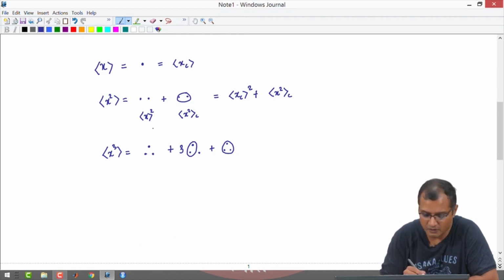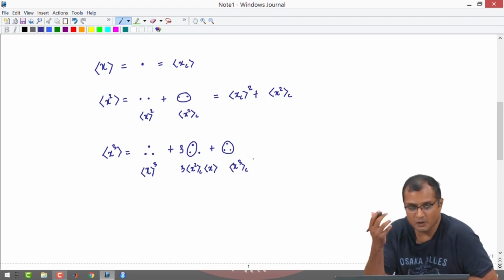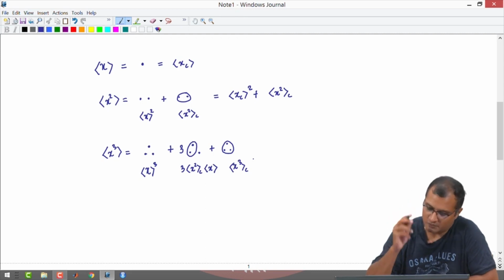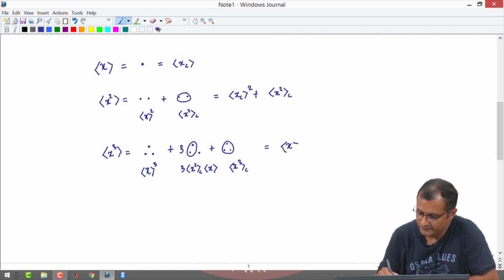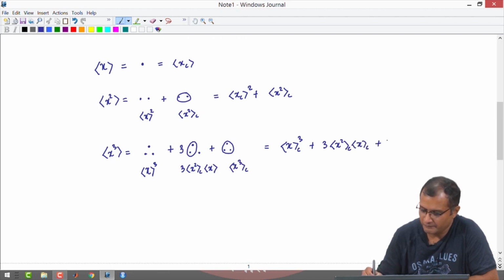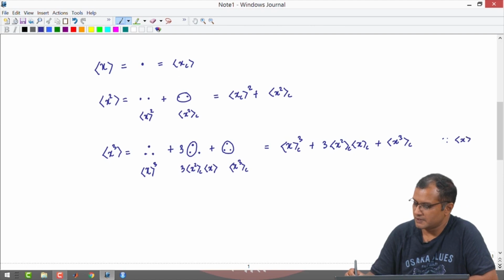So, the first is basically 3 disconnected dots, which is nothing but the first moment to the power 3, plus 3 times the second cumulant into the first moment, and 3 connected dots is the third cumulant, because we have the logic of keeping connected dots as cumulants, and this can be written as follows, because the first moment is also the first cumulant.